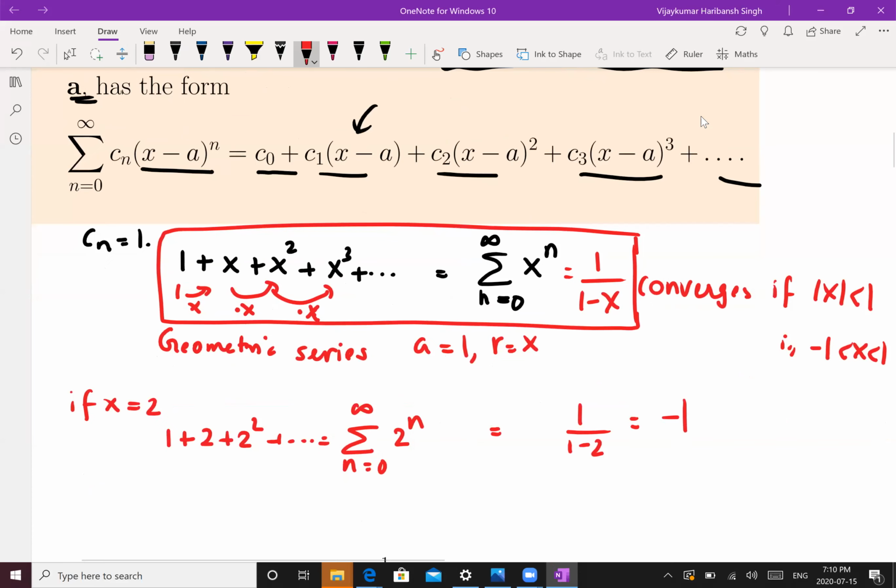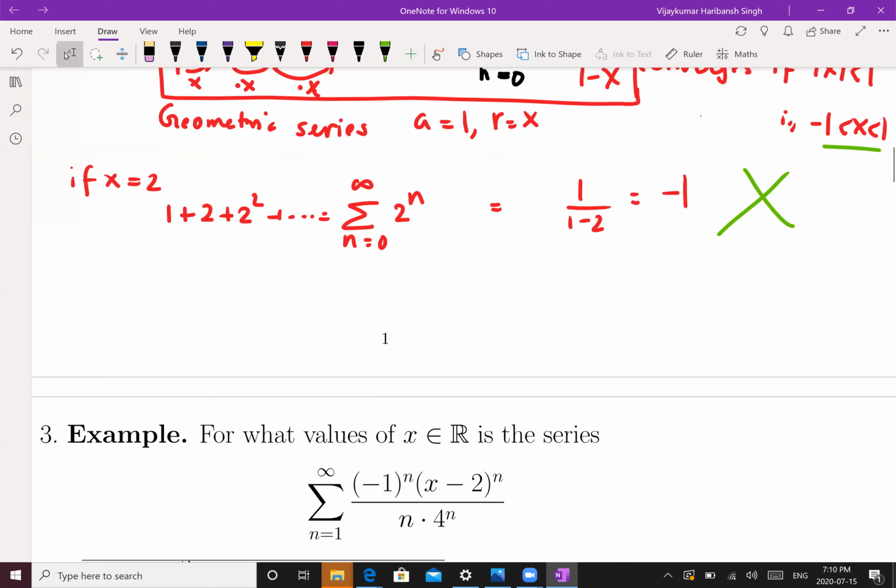So these two do not work out to be equal. This equality only holds when the absolute value of x is less than 1, that is, if x is in this interval. Otherwise, it doesn't hold. So it makes sense to talk about where these two things hold.